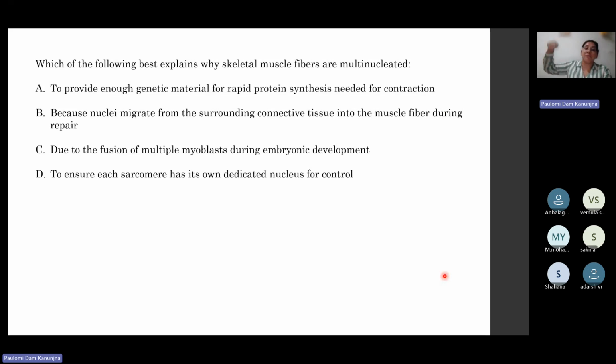Third, it is because of fusion of multiple myoblasts. Or the last one is that it ensures each sarcomere has its own nucleus for control. It's an easy question. It basically highlights how you get to the final stage.